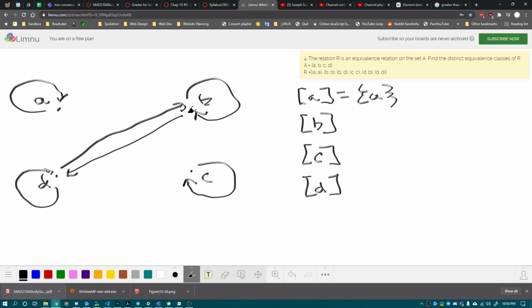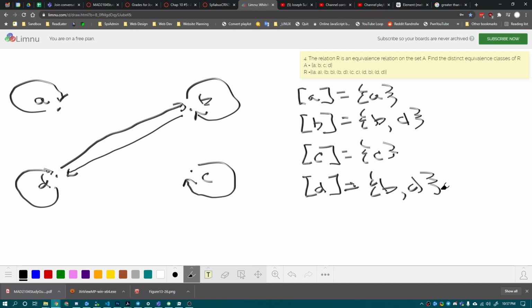Well, how about B? Well, there's one going to B itself, right? And there's also D that goes to B. So we'll put D here. Now for C, the only thing going to C is itself. And finally with D, we have B going to D. And we also have D going to itself.